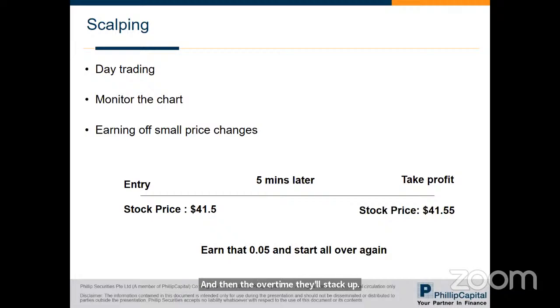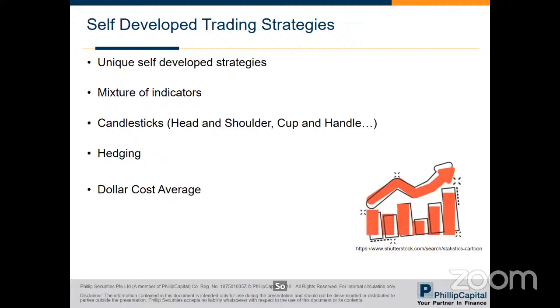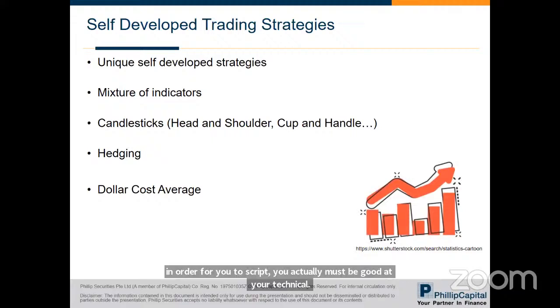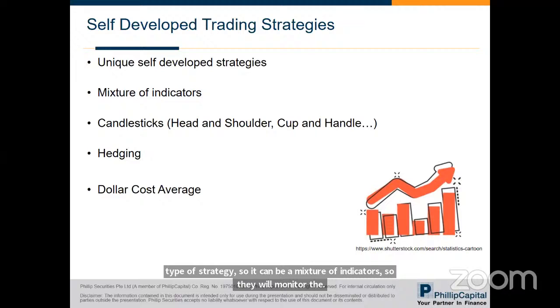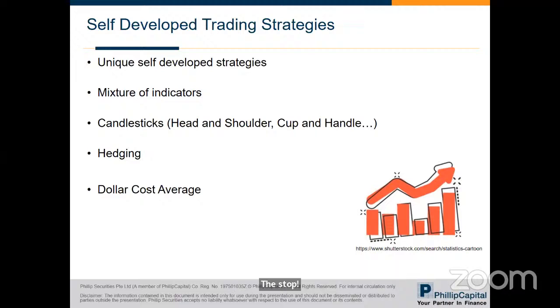So in order for you to scalp, you actually must be good at your technical analysis. Also, some CFD traders have developed their own unique strategy, and it can be a mixture of indicators. They will monitor the stock closely and look for indicators like the candlestick, for example, whether the pattern shows a head and shoulders, or cup and handle.